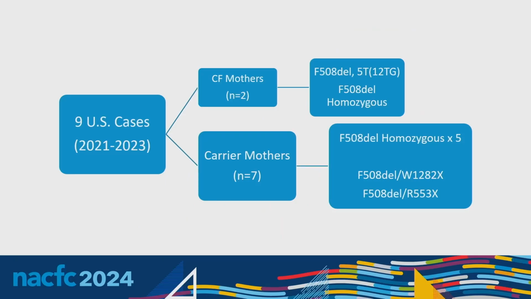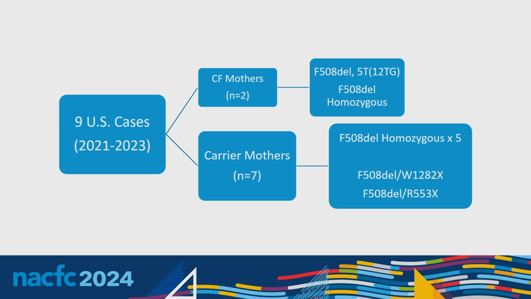What I'll focus on for the remainder of my talk is a series of cases. So we have 9 infants who were treated prenatally between the years of 2021 and 2023. 2 mothers had their own known cystic fibrosis diagnosis before pregnancy, and 7 mothers were carriers.